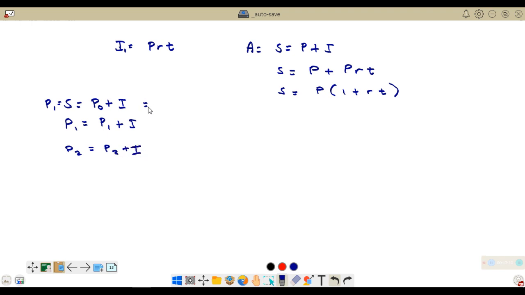Derive natin yung mga formula. So, P sub 1, this is equal to your original P sub 0 times R times T na interest plus P sub 0. Or equal siya sa P sub 0 times 1 plus RT.